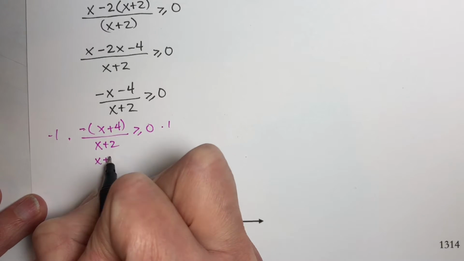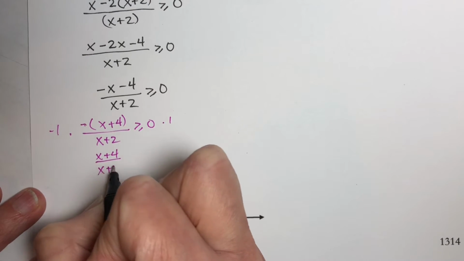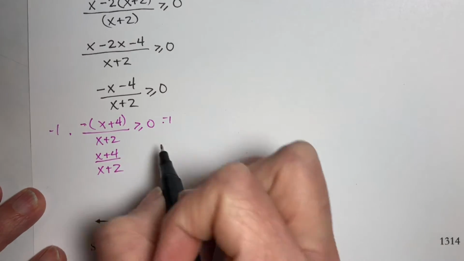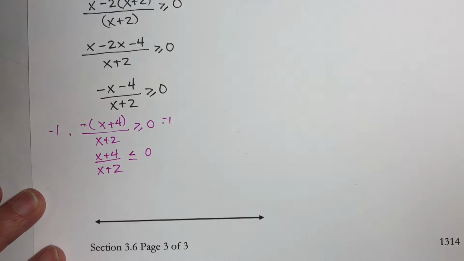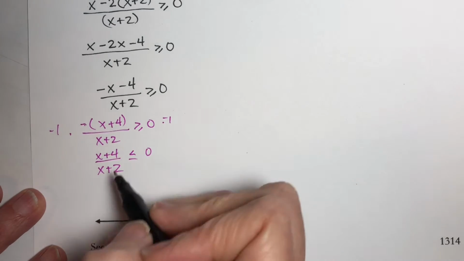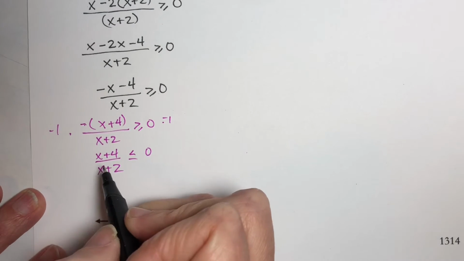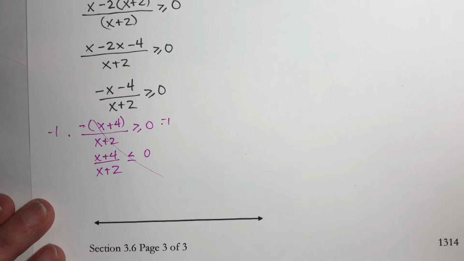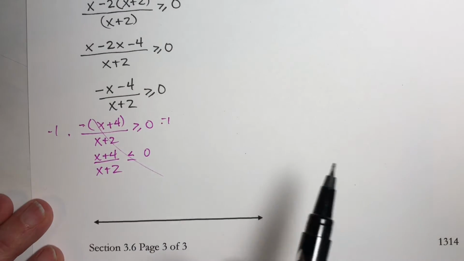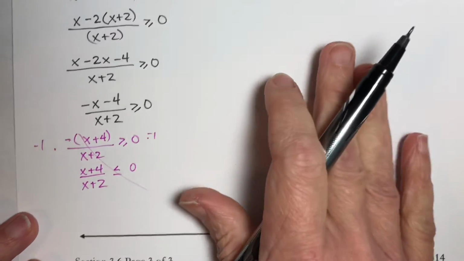I would have x plus 4 over x plus 2. And then I would still have 0 over here, but when I multiply both sides by a negative number, I have to flip the sign around. So you could do this and then use this to do your chart. It's just an option, and since I don't expect all of you to see that, I'm not going to work it that way, but that would work.